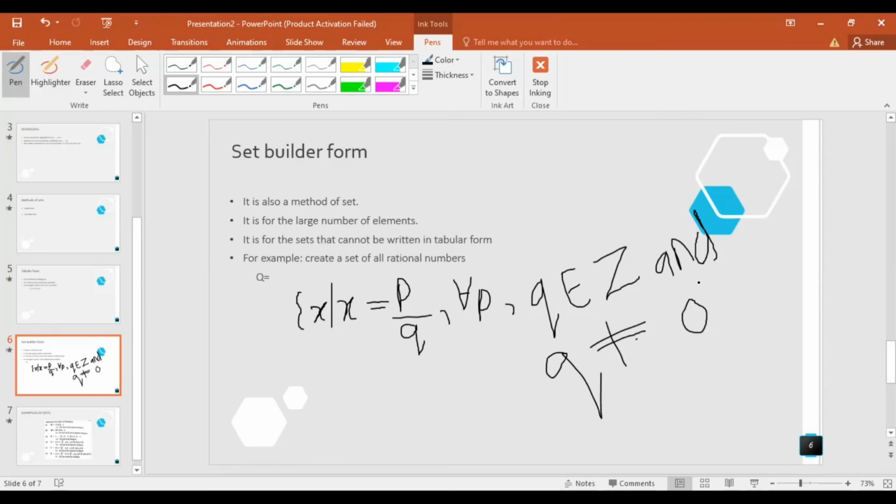Here is the set for this: for all X, X should be in the form of P upon Q, for all P, Q that belong to integers, and Q should not be equal to 0. As you know, that is the definition of a rational number: a number should be in P upon Q form, and Q should not be equal to 0. So this is how we write it.